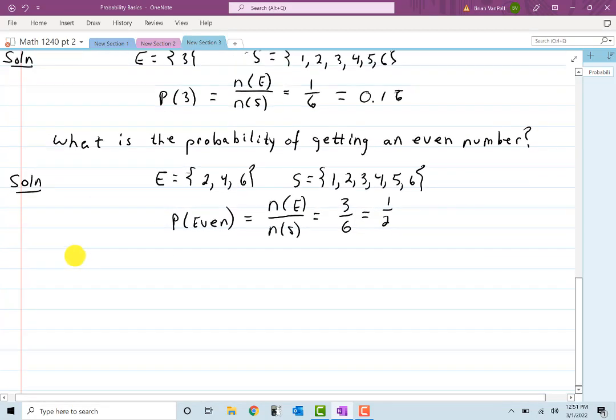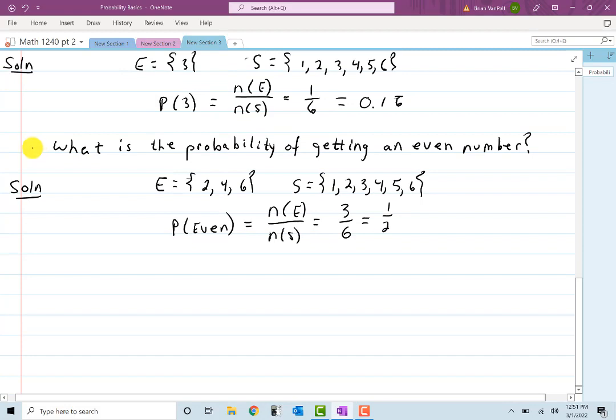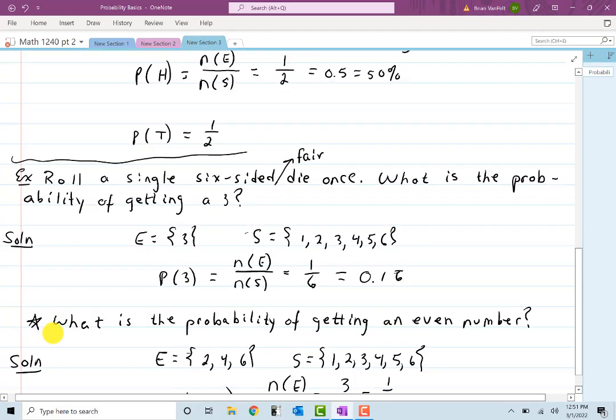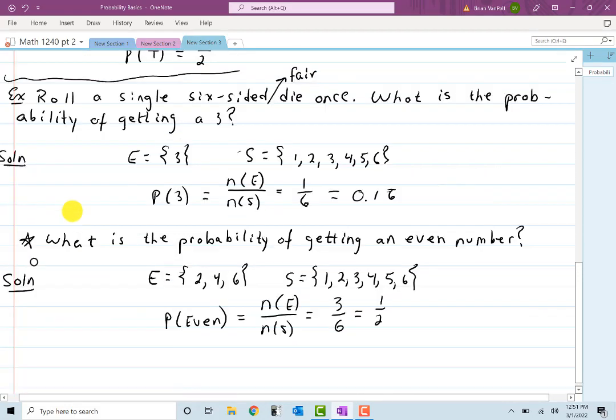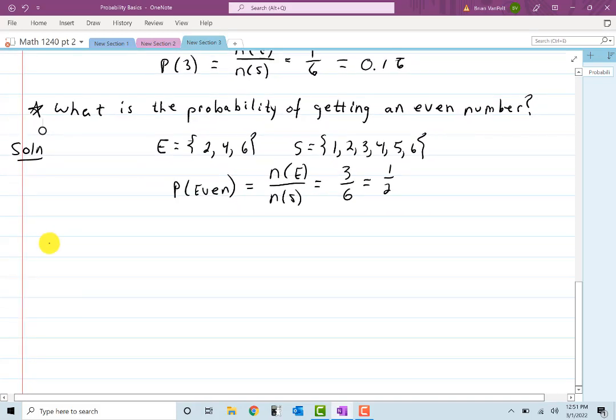Well, let's continue with the die. Maybe I should put little stars here to indicate when I'm asking questions about it. So we'll do that again.